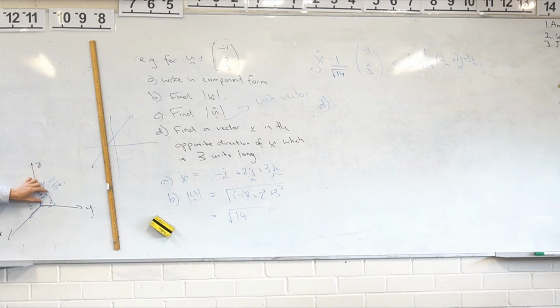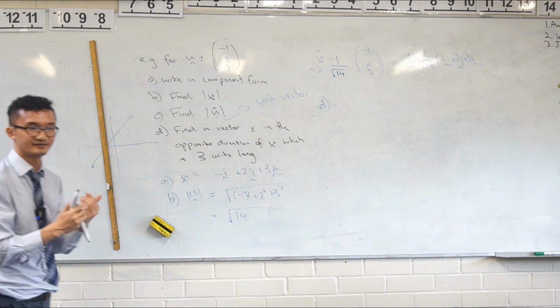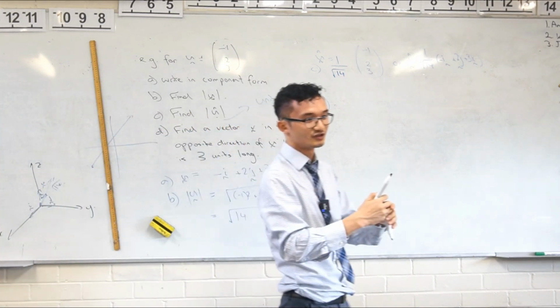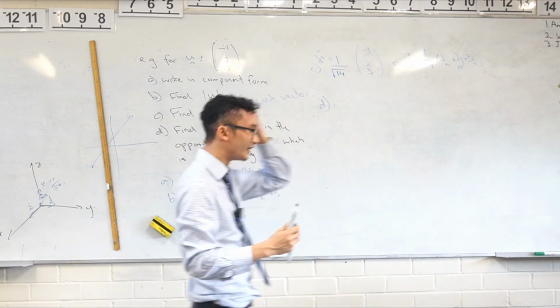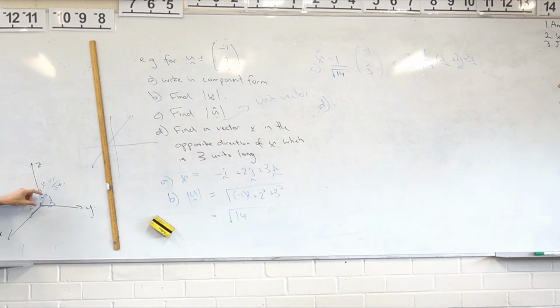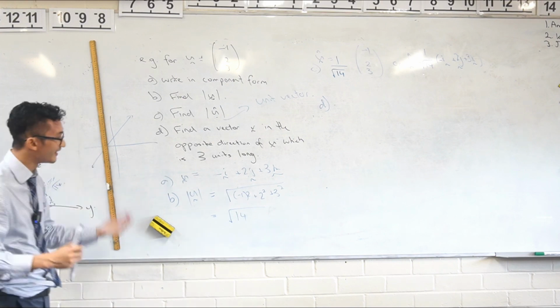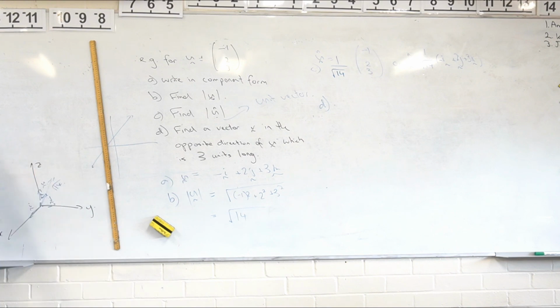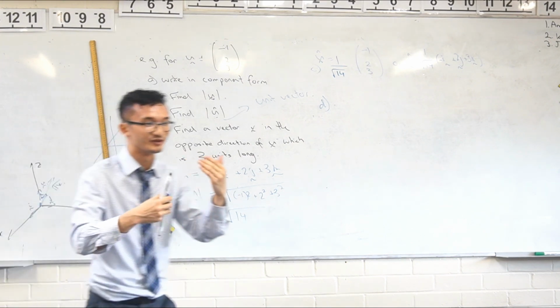When it's in its unit vector form, I know it's 1 unit long. What kind of things can we do with vectors where they have magnitude and direction? We can multiply it. So if I knew that it was 1 unit long, how do I make it 3 units long? Multiply by 3, and then to change the direction to the opposite direction, we multiply by a negative value.